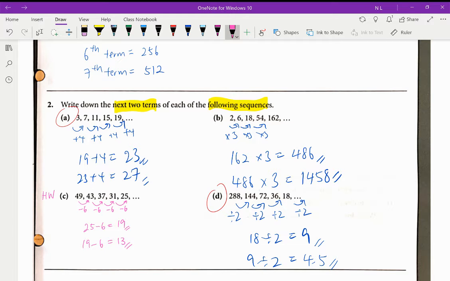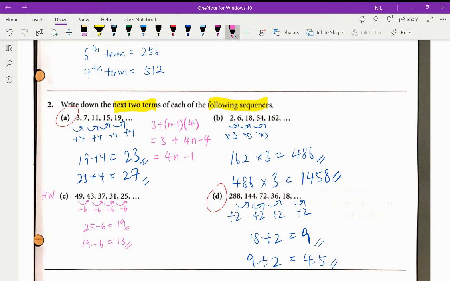So for example, for 2a, the expression in terms of n will be 3 plus (n minus 1) times 4. We expand it, it will be 3 plus 4n minus 4, and we simplify it, it will be 4n minus 1.